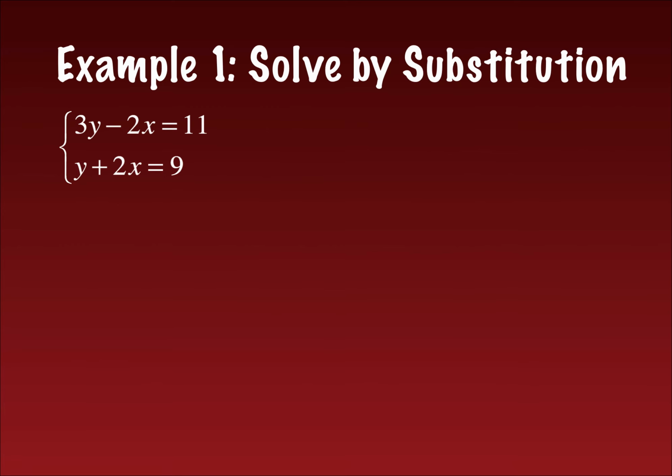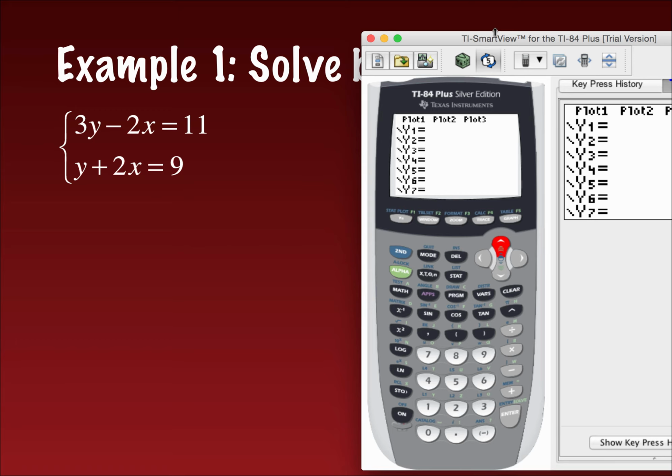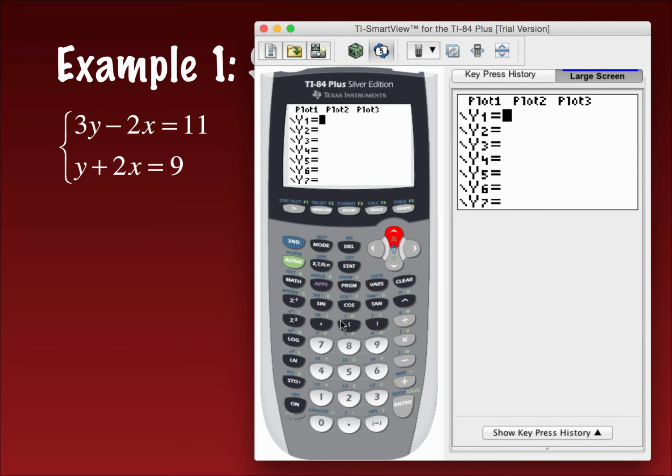To check our solution using the graphing calculator, we're going to have to make sure both of our equations are in the y equals mx plus b form. So my top equation, when I solve it for y, is going to be 11 thirds plus 2 thirds x.